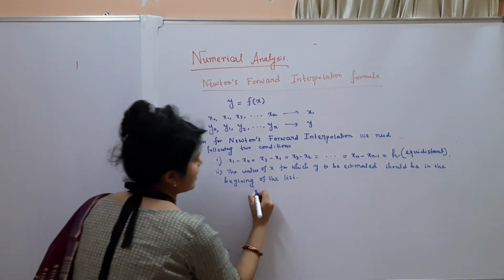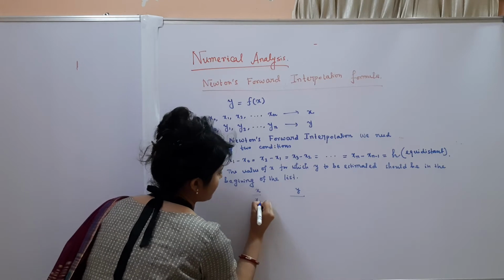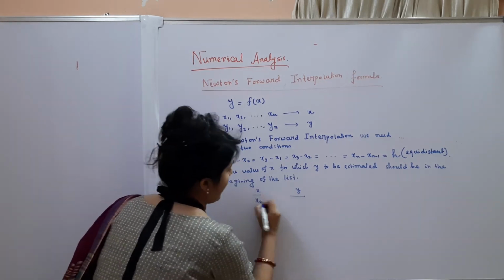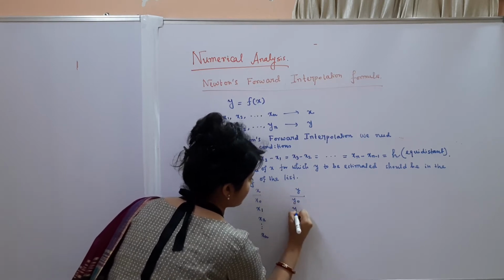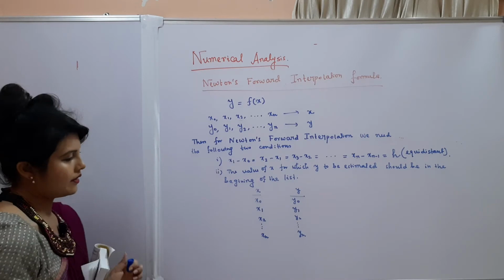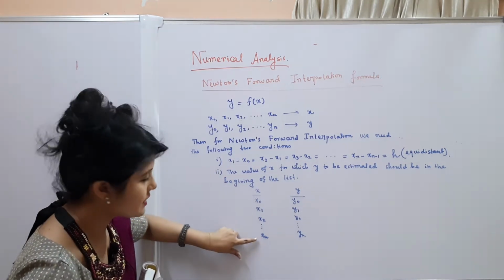That is, if we consider x and consider y, and these are the values of x, suppose x0, x1, x2 up to xn, and these are the corresponding values of y, y0, y1, y2 up to yn, then the first condition says that the values of x's are equidistant.